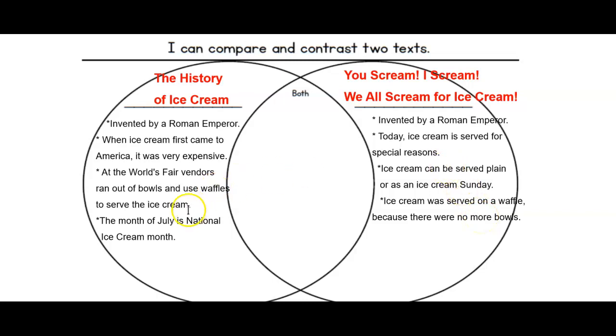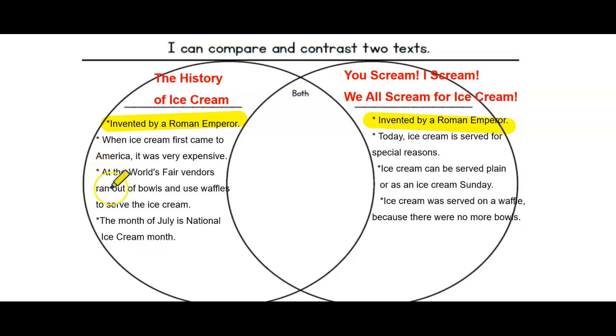Can you pick out the key details that match or are the same on both sides of the Venn diagram? Let's highlight them now. Ice cream was invented by a Roman emperor. Can you find the other one?